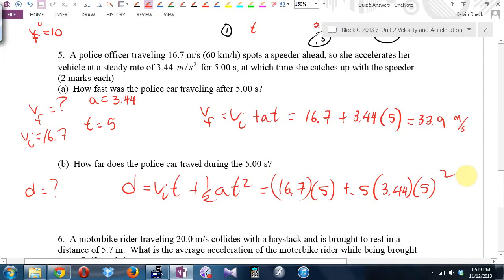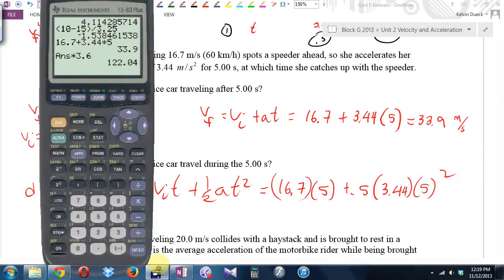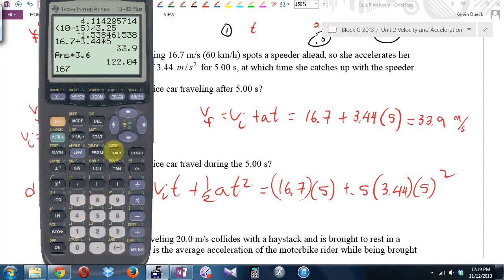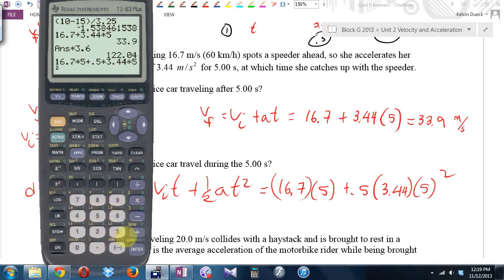Do that one in your head, Mr. Dueck? Nah. If you held a gun to my head, maybe I could, but it'd be awkward. Can't even type it in. Times 5 plus a half times 3.44 times 5 squared. 126.5? No? Yeah? Oh, yeah? Okay, nobody twitched.